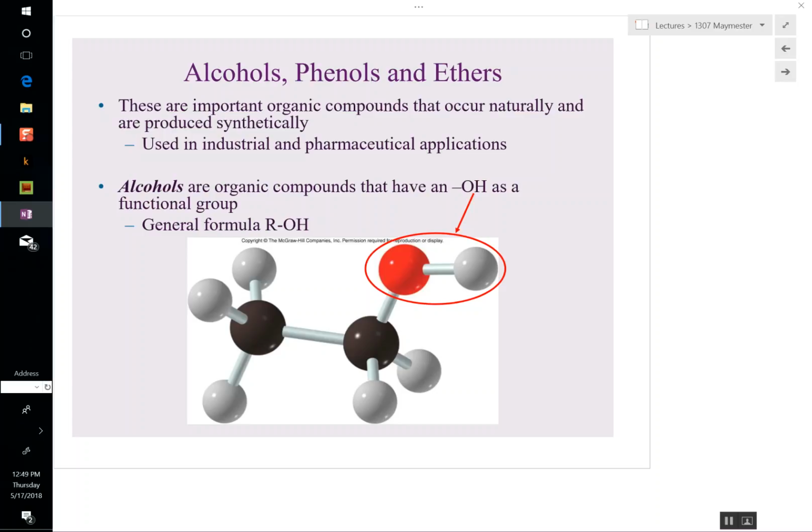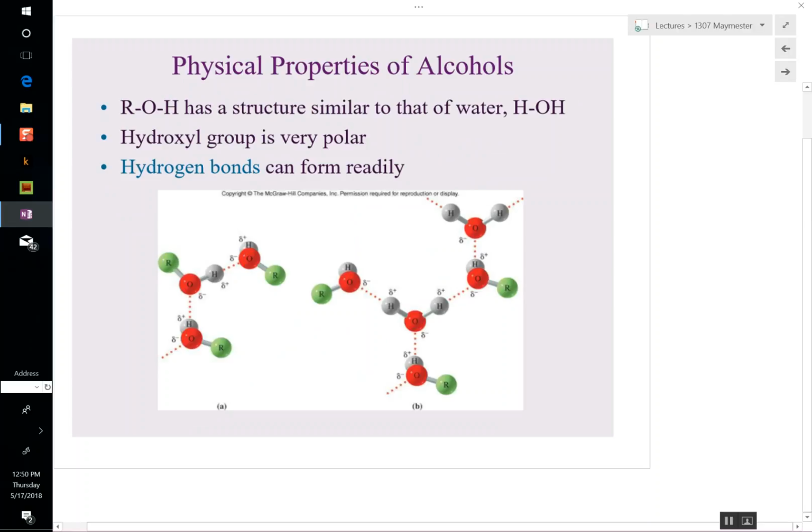So when you see these general formulas, ROH, they're saying R can be anything, and R could be a benzene ring. R could be 1 carbon, 2 carbons, 4 carbons, 12 carbons. It could be cyclohexane. So R is just a general term for some organic chain of some sort, and then you've got the hydroxyl group on there.